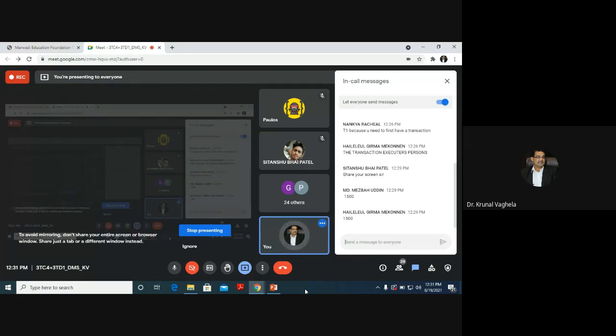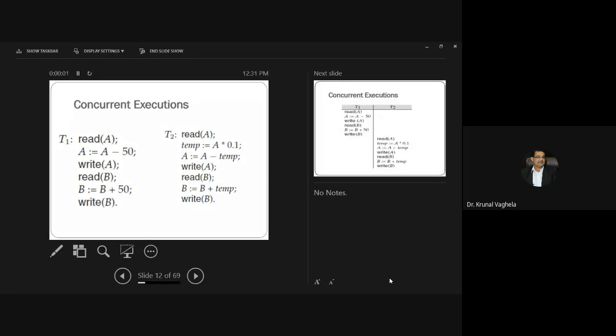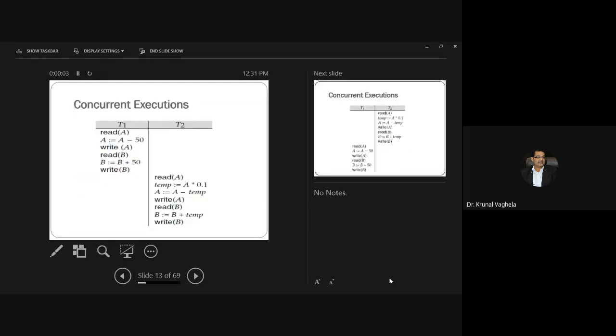Now consider these transactions are executed serially. Like this, first T1 will get executed, then T2 will get executed.